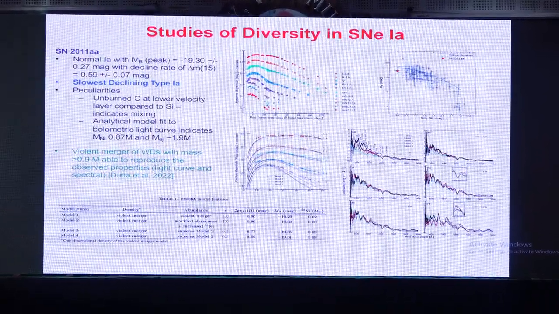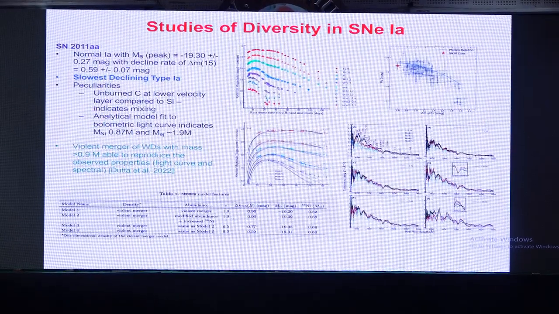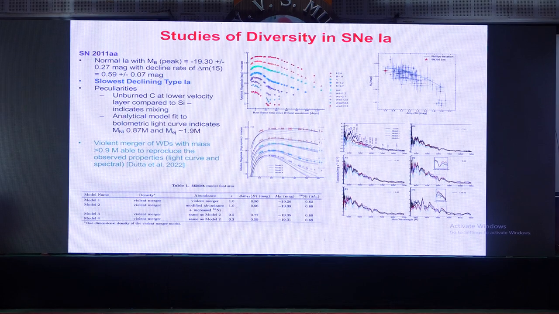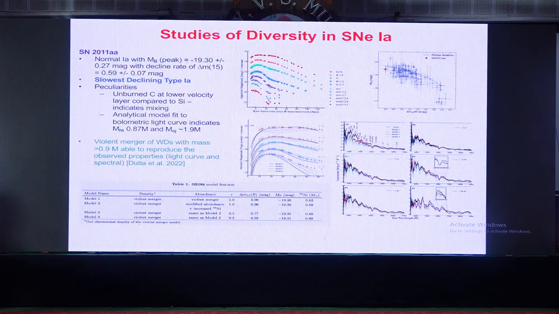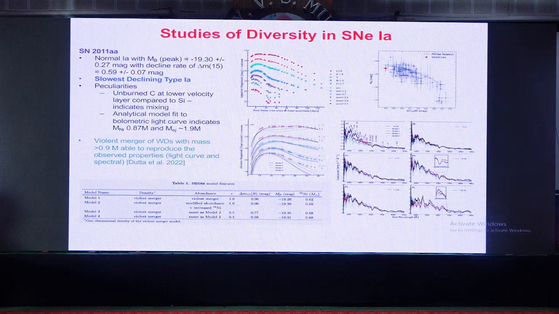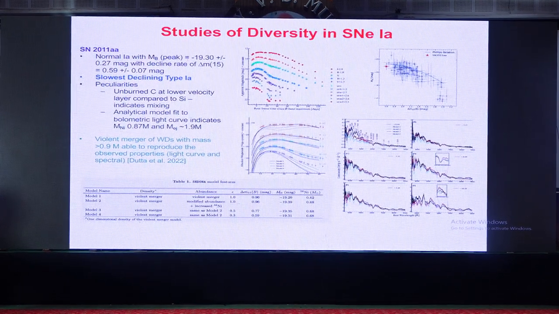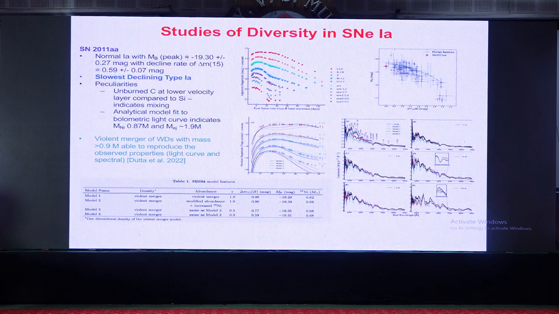The best model we found was a violent merger of white dwarfs with the masses of the two components being greater than 0.9 solar masses. This could reproduce all the observed properties: the broad light curve, the slow velocity expansion, as well as the presence of unburned carbon in the inner layer.